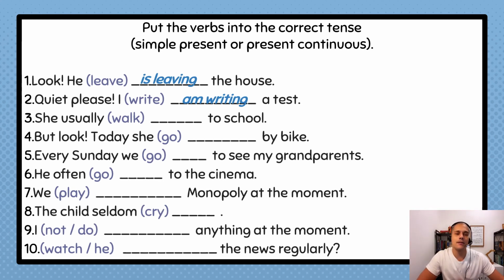Usually is one of those adverbs of frequency that I mentioned before. So usually, present simple because we are talking about a routine. She usually walks to school. Okay. Number 4. But look, I want you to look right now. So probably there is something going on, right?